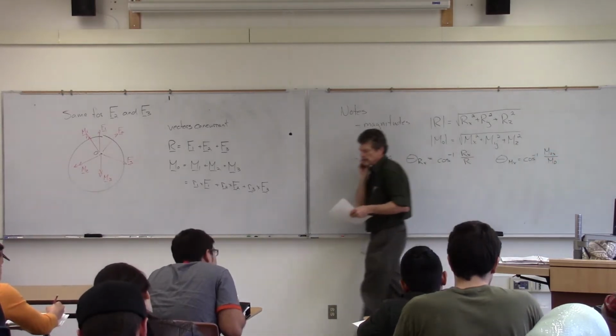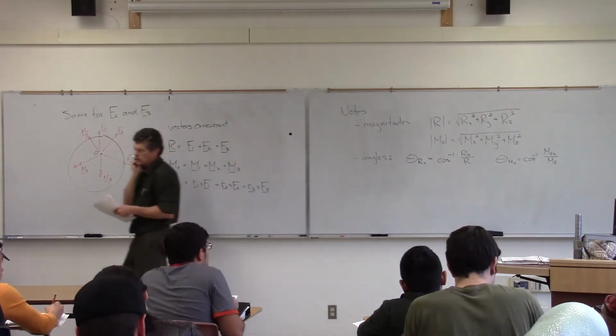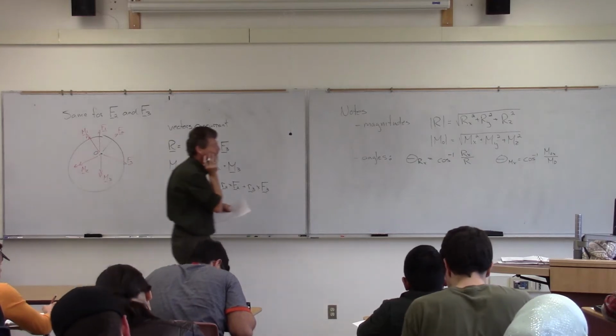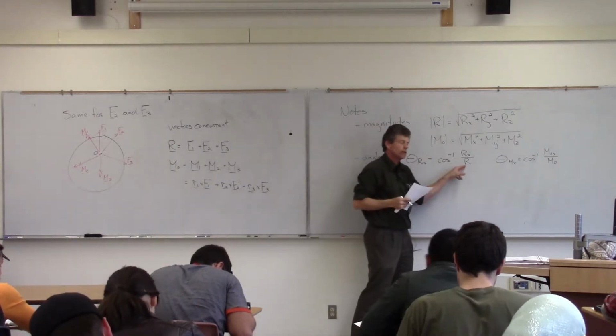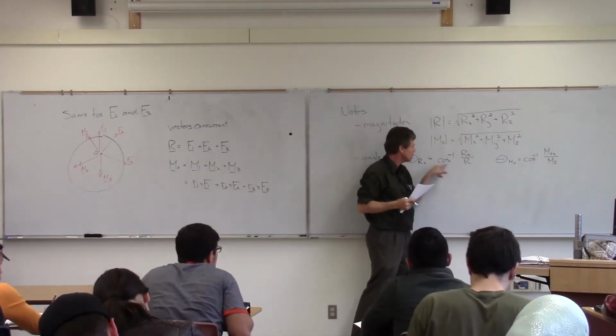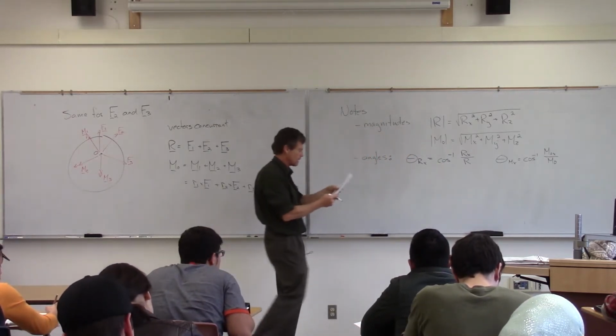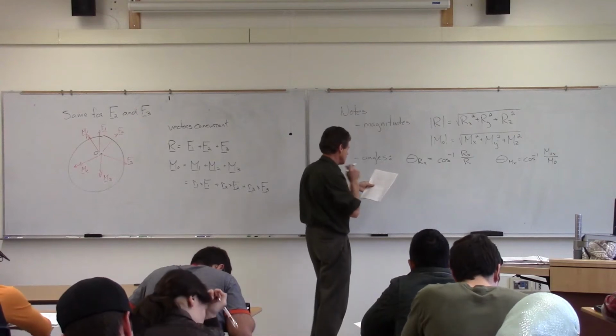So, and we can do the same sort of thing if we need to calculate the angles, the cosines. Very straightforward. We just simply take the component in the x direction in this particular case over the magnitude of the whole thing there, take the inverse cosine of that, and we can calculate that angle.